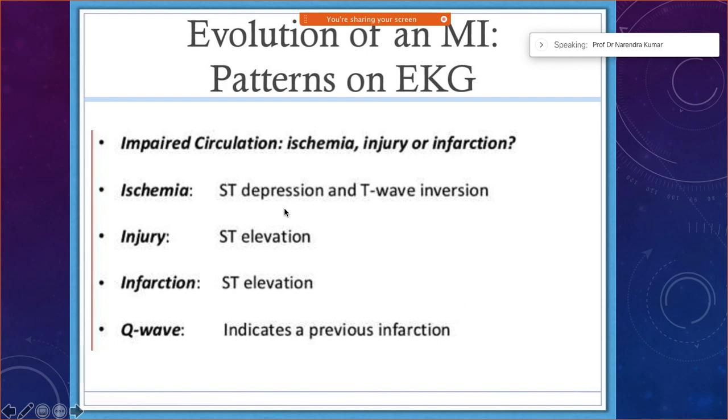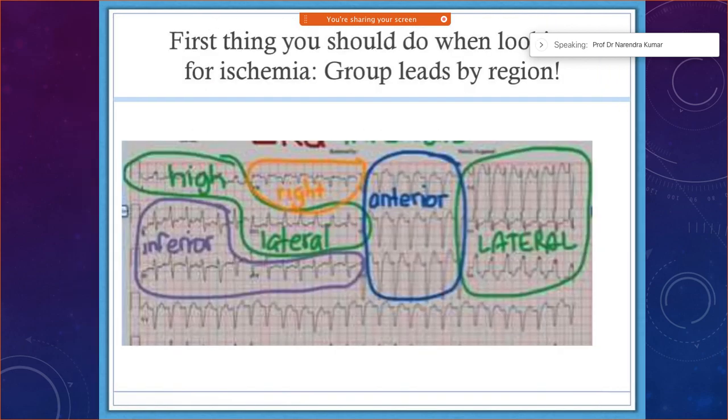For example, if it is ischemia, you may see associated ST depression and T wave inversion. If it is injury, you will notice ST elevation, even for infarction as well. And if you notice a Q wave, it has already evolved.